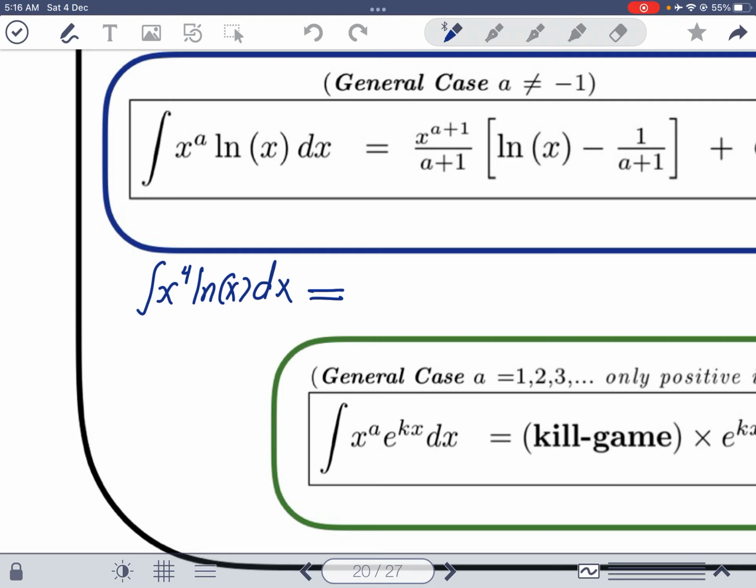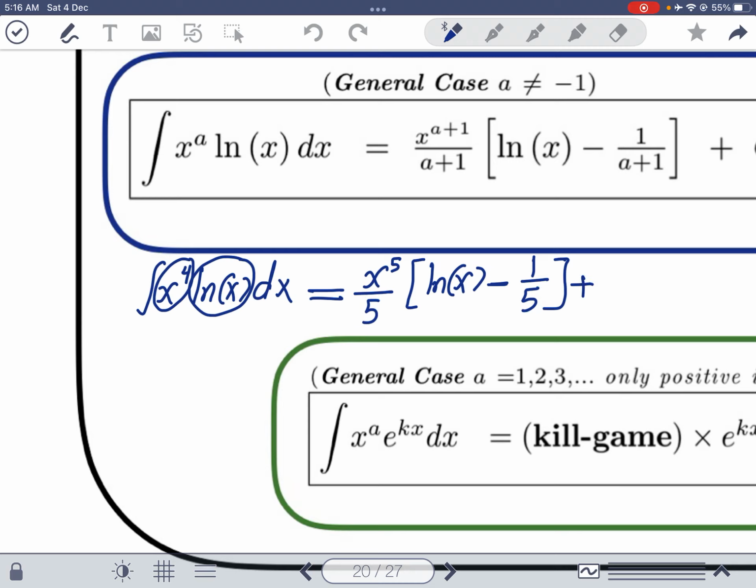So when you have x to the 4 times logarithm, you do x to the 5 over 5, just add 1 to the power, divide by the new power, and then in the parentheses you put ln x minus 1 over 5. If this was x to the 6 over 6, this would be minus 1 over 6. So it's related to the power that you have. Whatever number you have down here, you put it there.